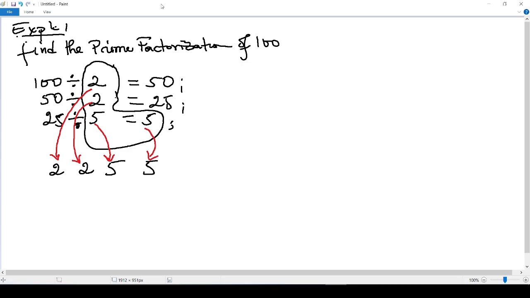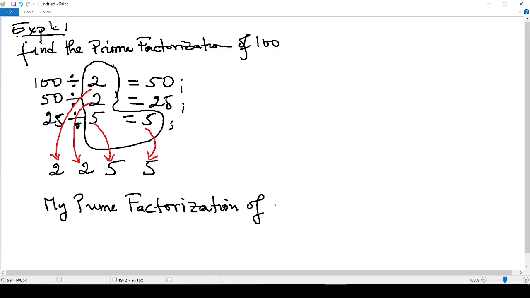So what is next to do? The product of all of them, right? So we have the prime factorization of 100 equal to 2 times 2 times 5 times 5.